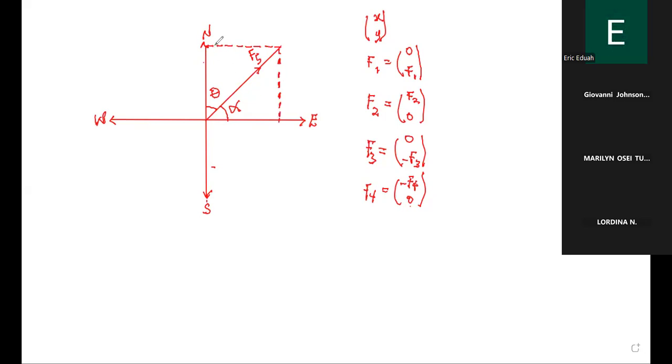Now, this component has to do with the angles in question. Using the angle theta, this side is the opposite, and the opposite would always be perpendicular with the adjacent. With respect to angle alpha, this is the opposite, and it's also perpendicular to the adjacent.